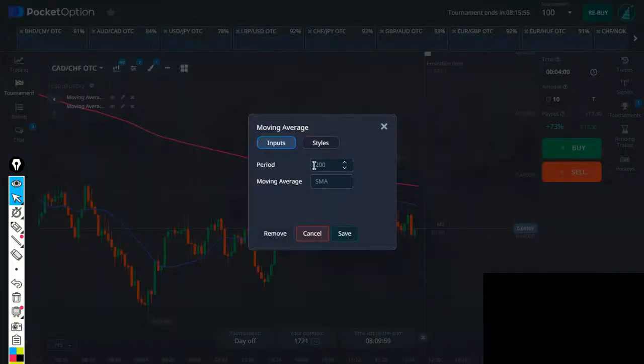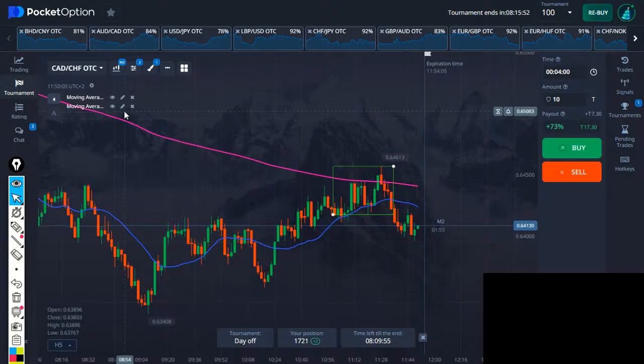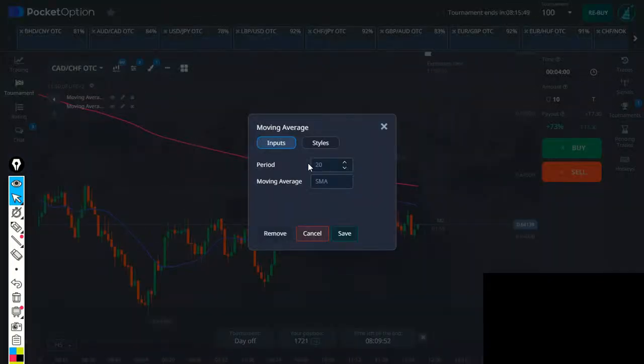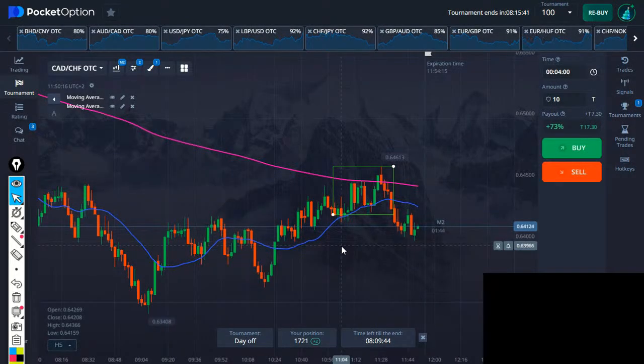So the period is 200, the style is completely up to you. The second moving average is the 20, has a 20 period, can change it from here. Style is also completely up to you. You click save. So these are the only two indicators that you need.